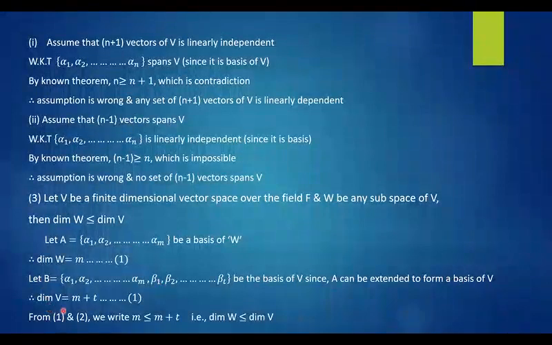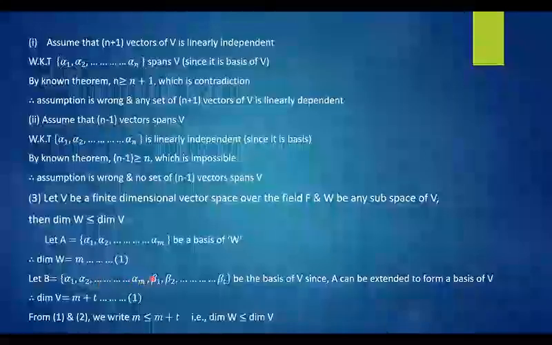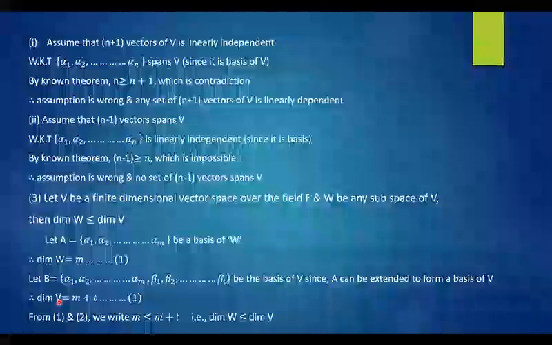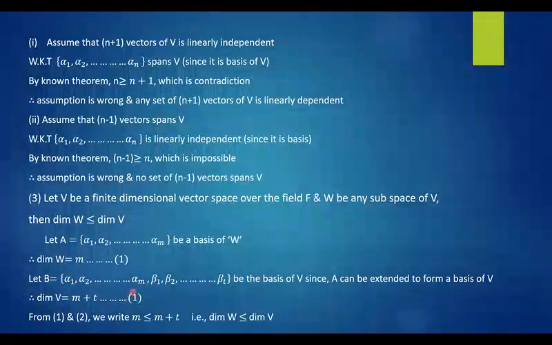So the dimension of V is m plus t. That means m alphas plus t betas gives the dimension of V, since the dimension of V is the number of elements present in the basis of the vector space. We have taken B as the basis of the vector space V, so the dimension of V is m plus t.